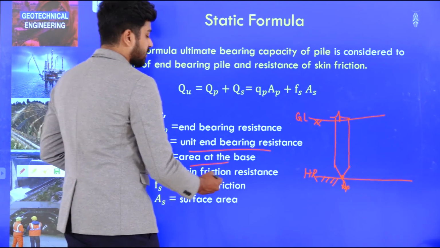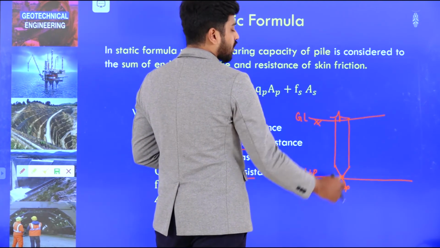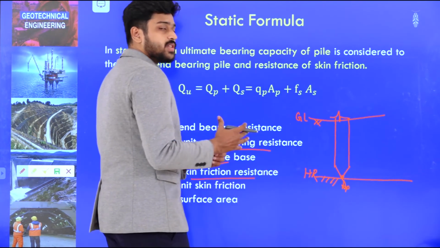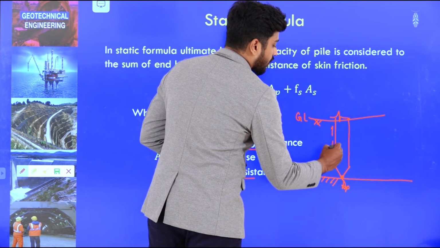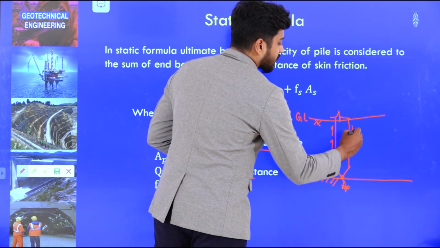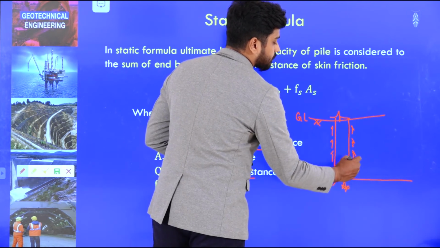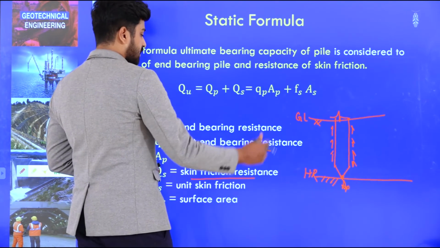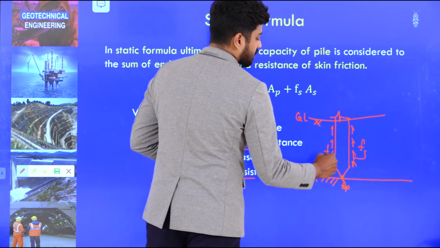And Qs is the skin friction resistance. That means, when it is driven through a particular type of soil, obviously what will happen? There will be some resistance offered along the surface. So, this resistance is offered along this particular surface in the opposite direction, since it is driven downwards. Such resistance is known as the frictional resistance.